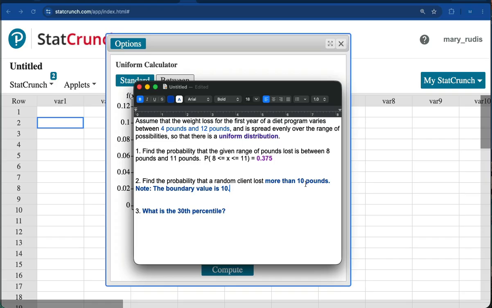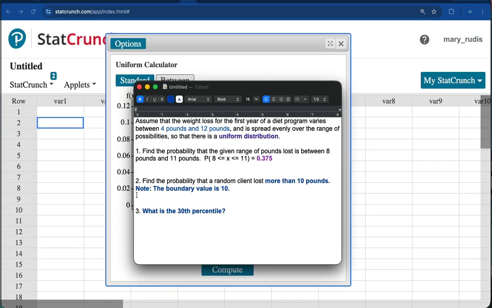There is a difference in how you approach a discrete distribution, which only has individual values of outcomes, versus a continuous one that has an interval of outcomes. So our boundary value is 10, not 11, because all the values in between are possible: 10.1, 10.05, 10.5, 10.2, right? All those numbers are possible values that are more than 10.